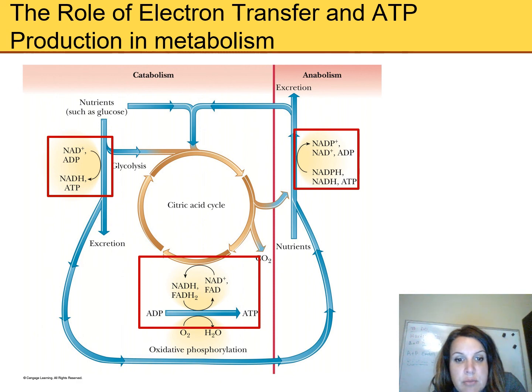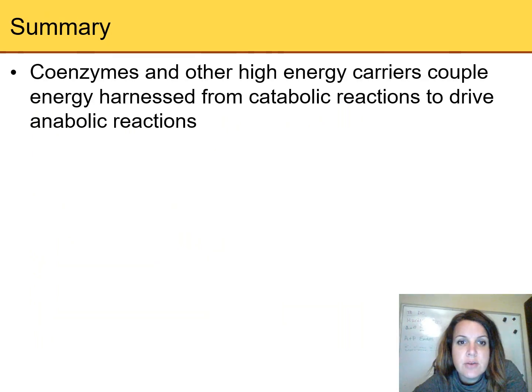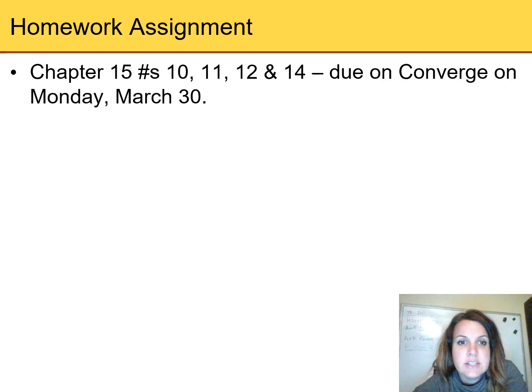So this is a little bit more complicated, but ultimately you have catabolic reactions that are coupled to anabolic reactions, providing the energy needed to drive those anabolic reactions. So your takeaway here is that coenzymes and other high energy carriers like ATP couple energy harnessed from catabolic reactions to drive anabolic reactions. That's the end of chapter 15.